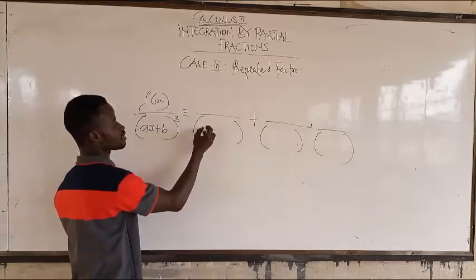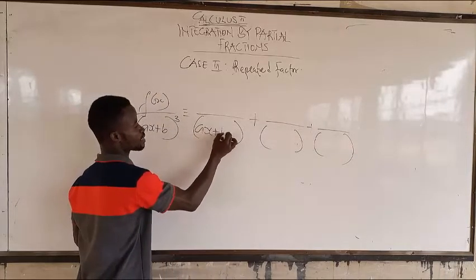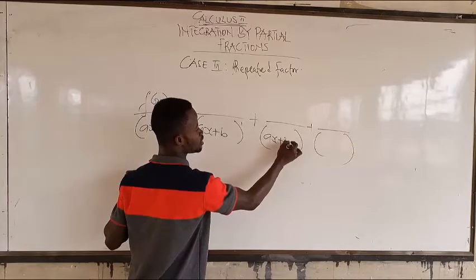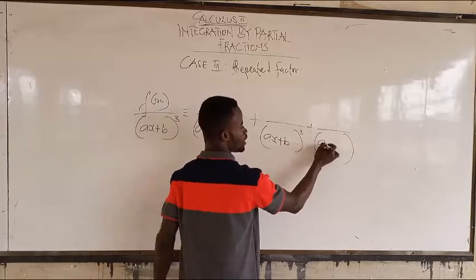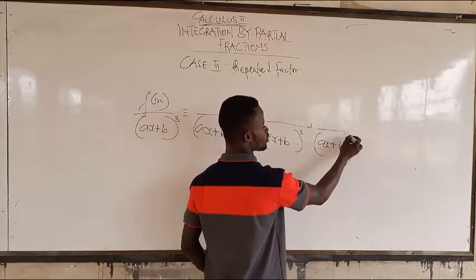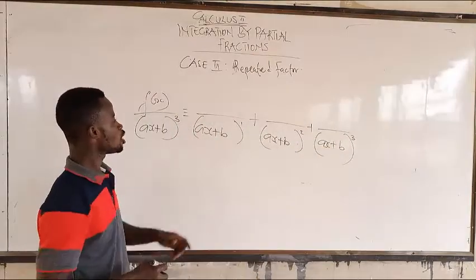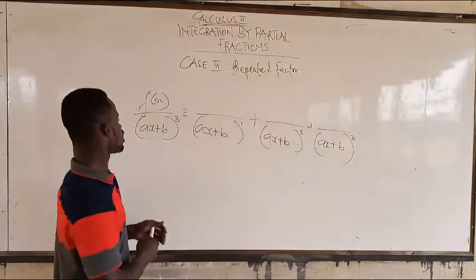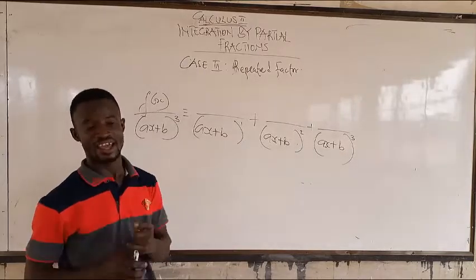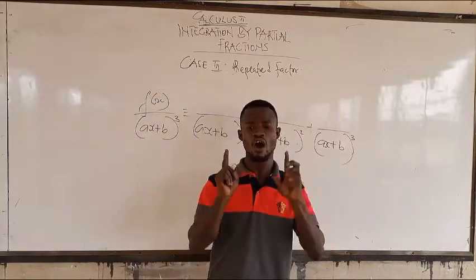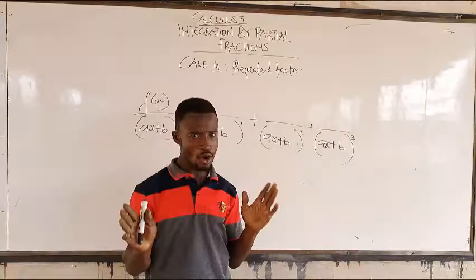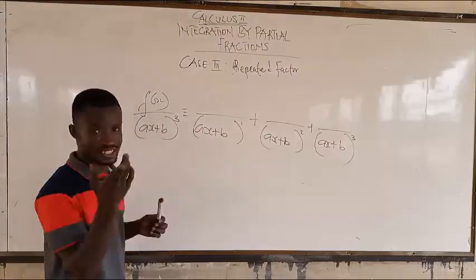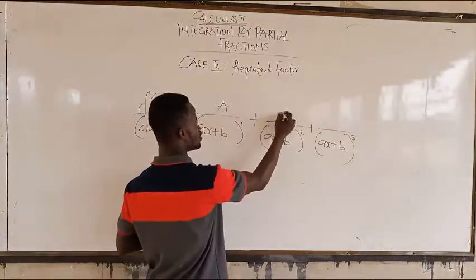Here we get ax plus b power 1, ax plus b power 2, ax plus b power 3. But what will come on the numerator here depends whether the inside is linear or quadratic. I hope it's clear. So this is linear, and since it's linear, it will be A, B, C.